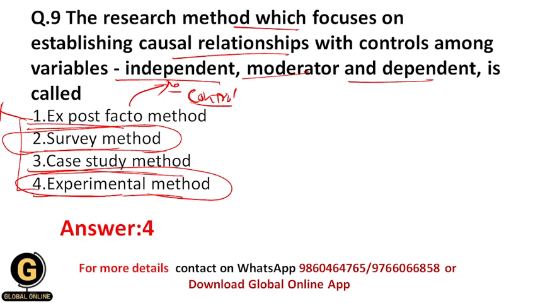So this is the most important for me in such kind of methods. And within the case study method as well, I want the opinions from my individual person or from my groups, okay. This is also not the correct answer. So first three options get eliminated, and that's why the correct answer is 4.